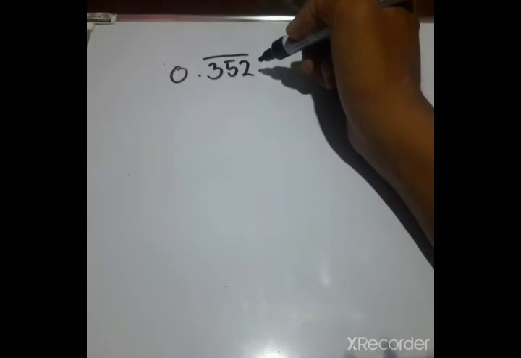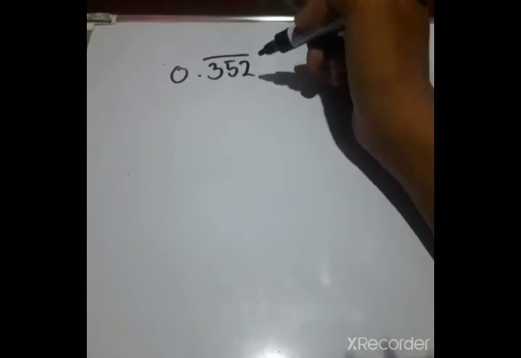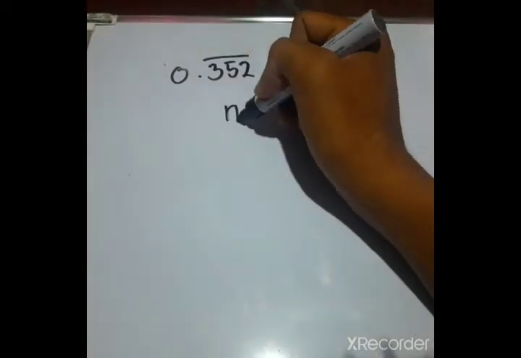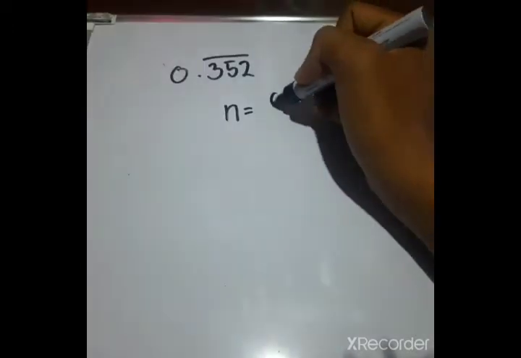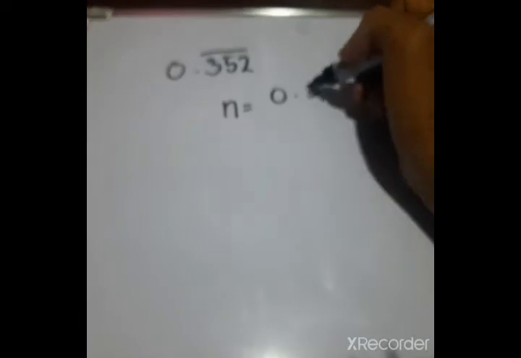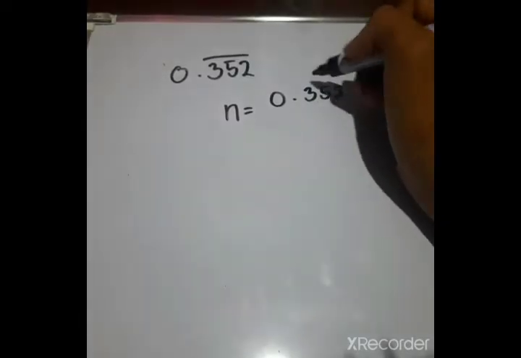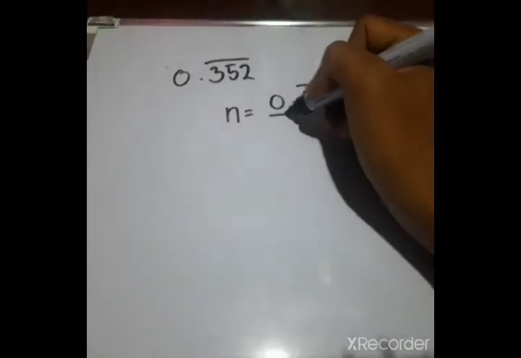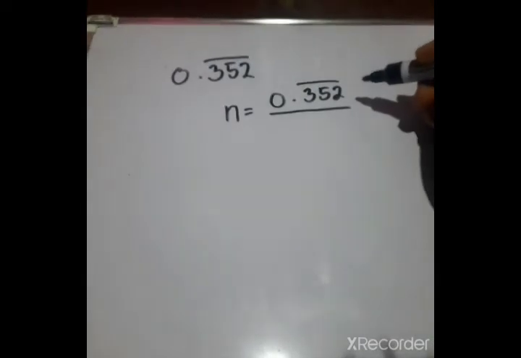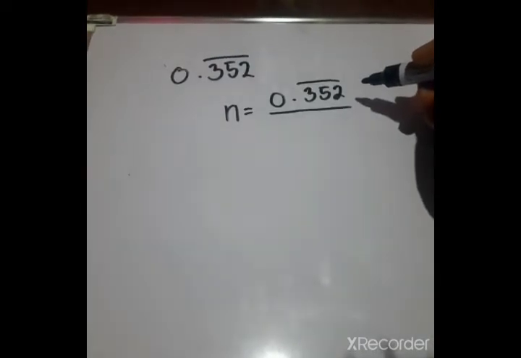Since there is no whole number, we can just apply the formula right away. So we will write n is equal to 0.352 with vinculum. And then, now the question is, how many repeating decimals are there?